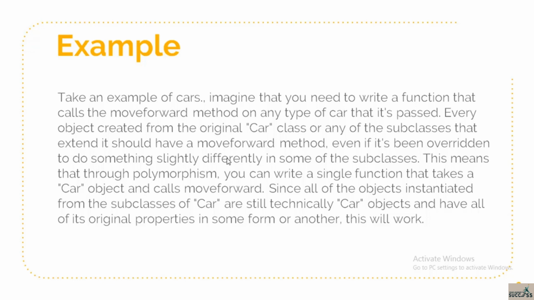This means that through polymorphism, you can write a single function that takes a car object and calls the move forward method, since all the objects instantiated from the subclasses of car are still technically car objects and have all of its original properties in some form or another. So this will work.